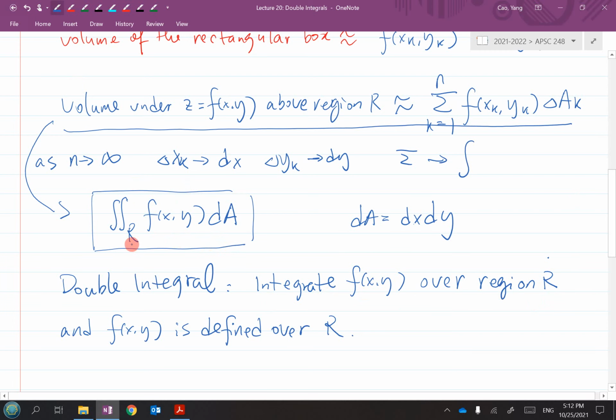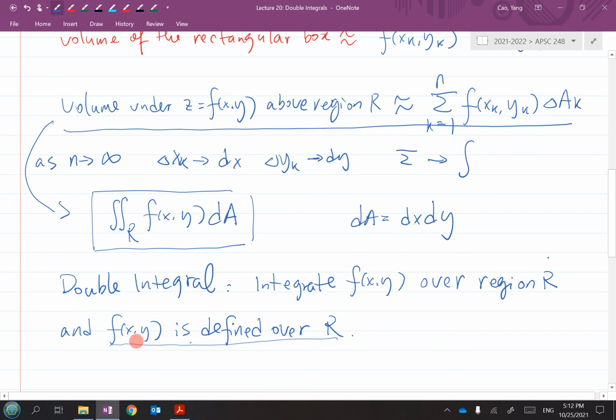One of the assumptions we're making is that the function has to be defined over the region R, because that means you're integrating this function over region R. The region R has an infinite number of points x and y within it. So if you pick a point within the region R and plug it into the function f, the function f has to be able to spit out a value for you.